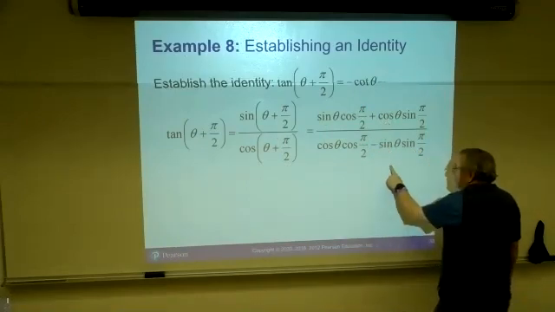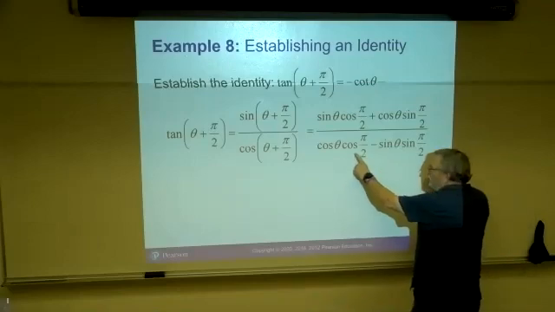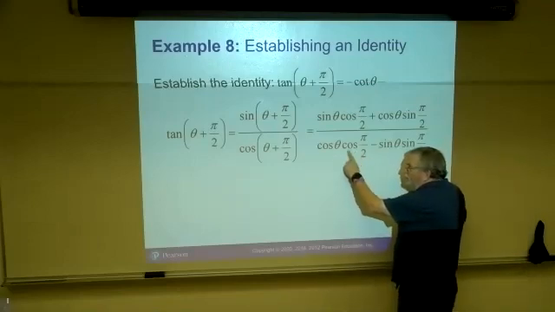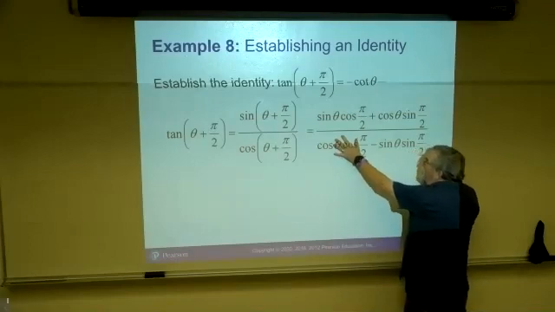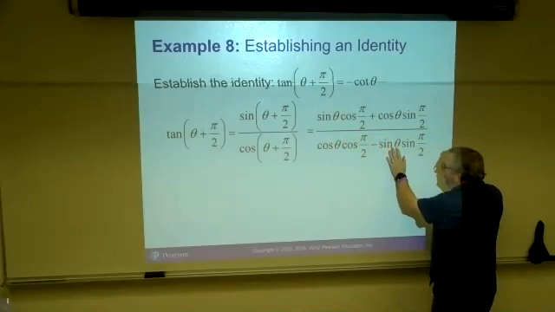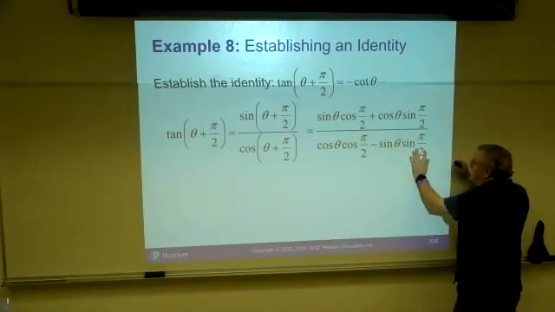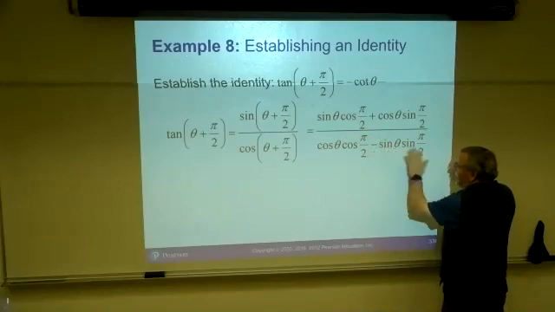And the denominator, something similar happens. Cosine of pi over 2 is 0, so cosine theta cosine pi over 2 is 0. So we're just left with minus sine theta sine pi over 2. Well, sine pi over 2 is 1, so we just have minus sine theta.